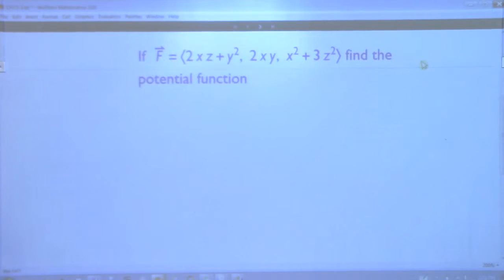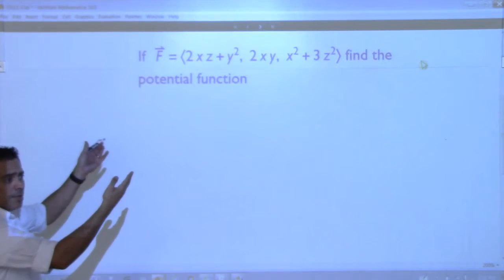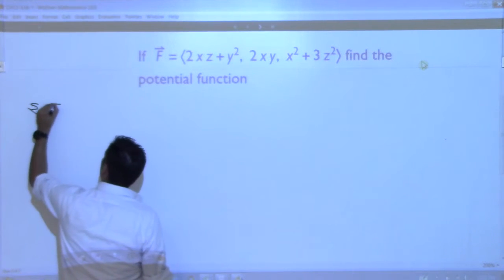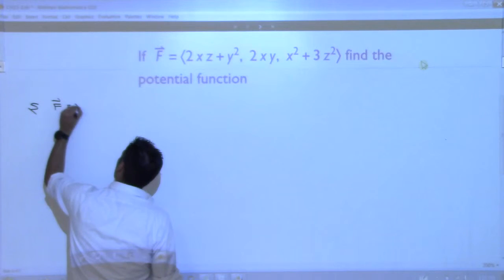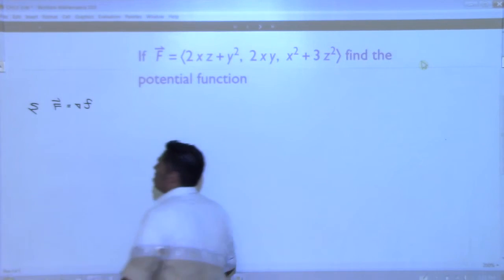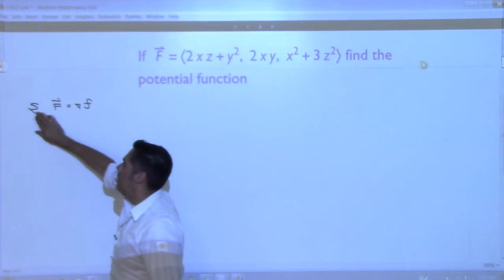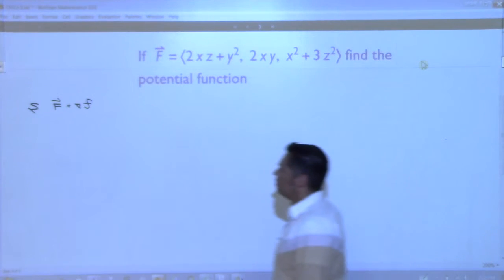So find the potential function. We are going to assume, so suppose that this is the gradient of some scalar function. That's my suppose symbol, right? Not mine, that's the mathematical suppose symbol.